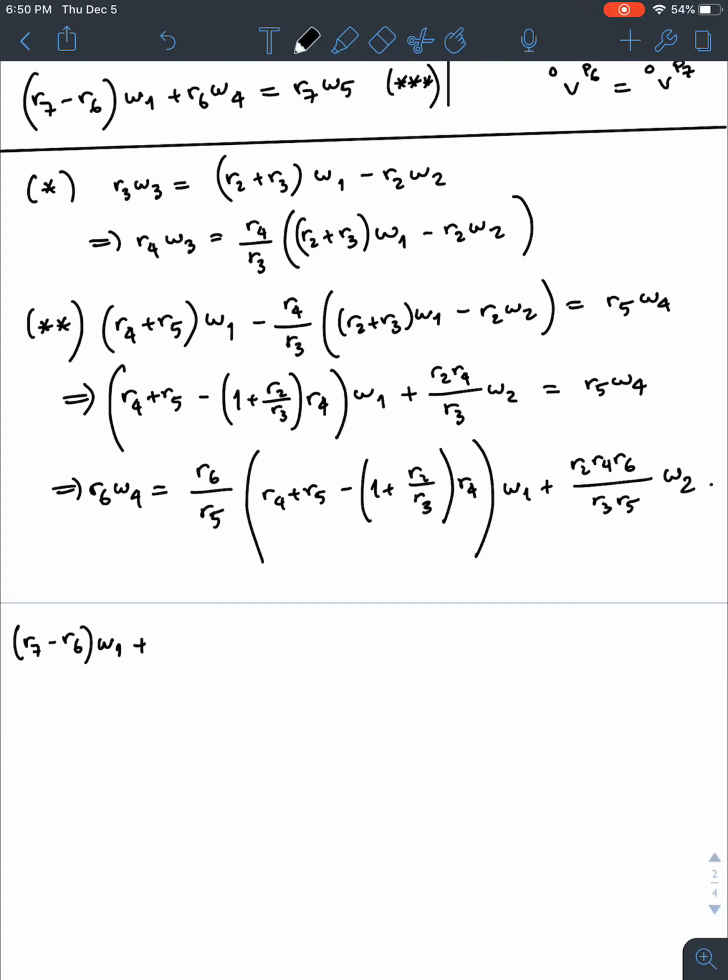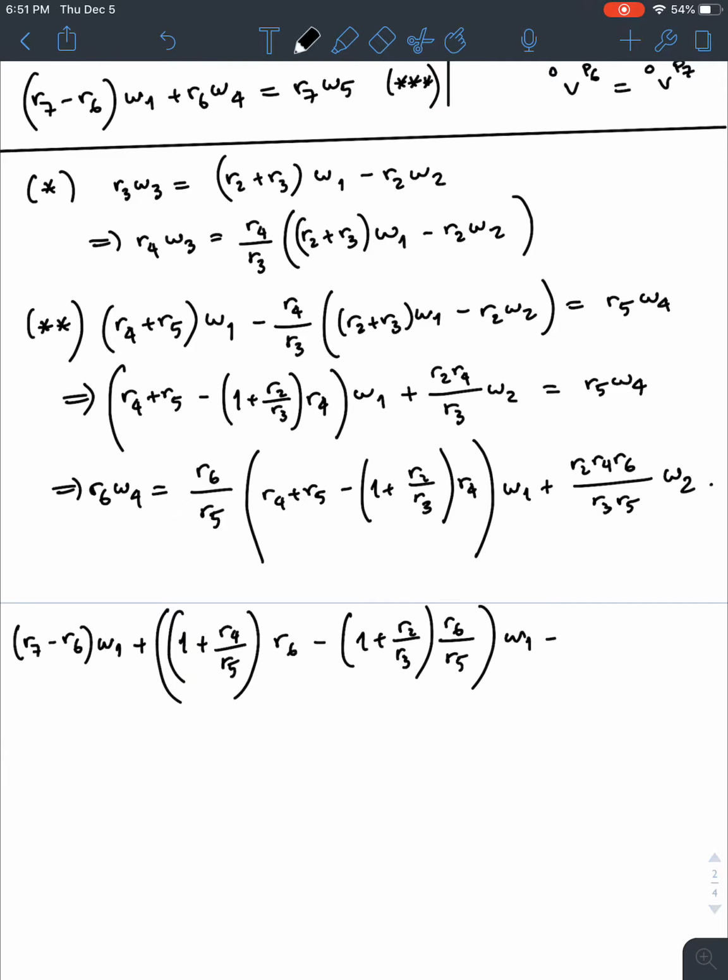So it's going to be 1 plus R4 divided by R5 times R6 minus 1 plus R2 divided by R3 times R6 over R5, all of them times omega 1 plus R2 R4 R6 divided by R3 R5 times omega 2 equals R7 times omega 5, right?